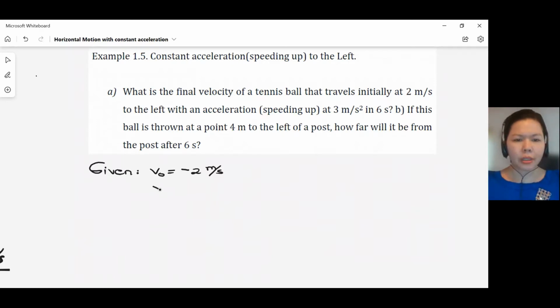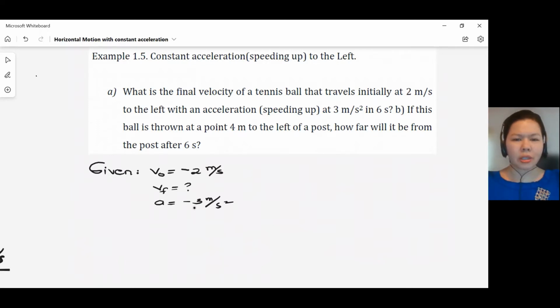V final is unknown, and acceleration is negative 3 meters per second squared. Negative because our object is moving to the left and it is accelerating or speeding up to the left.